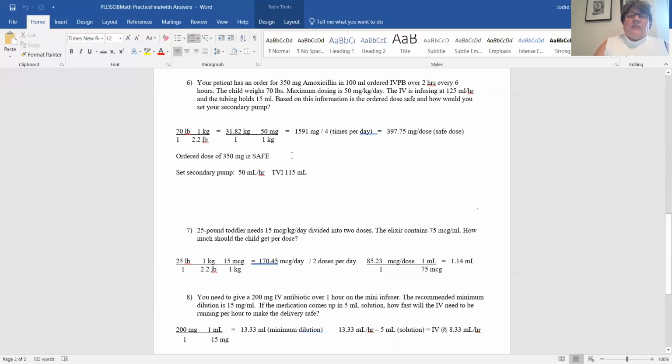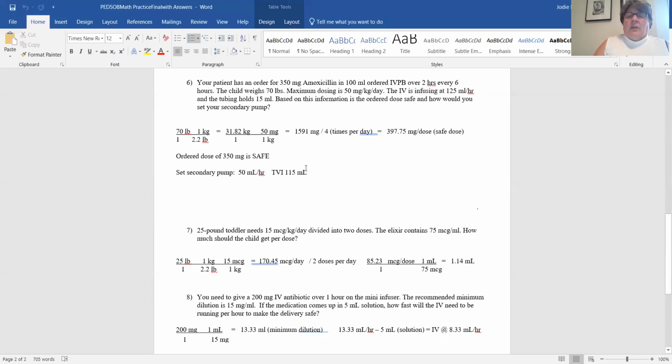You're going to set your secondary pump. You're running 100 mils in 2 hours. So if you start with your 1 hour rate, you will find that you're running 50 mils in an hour. And then the whole 100 will run in 2 hours. But then you have to clear the tubing.